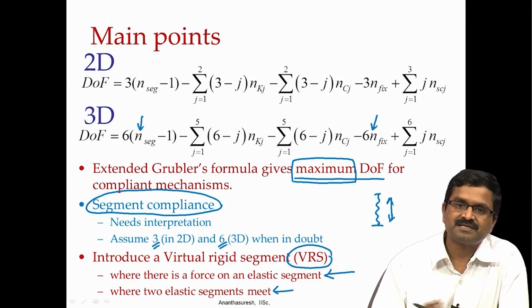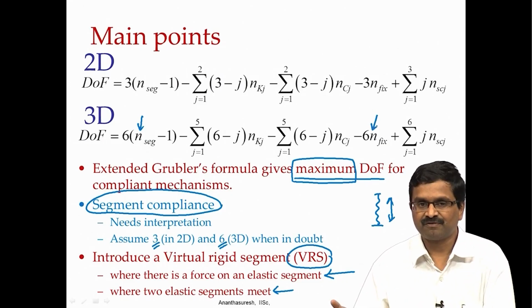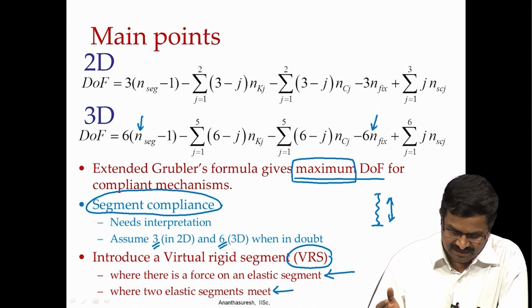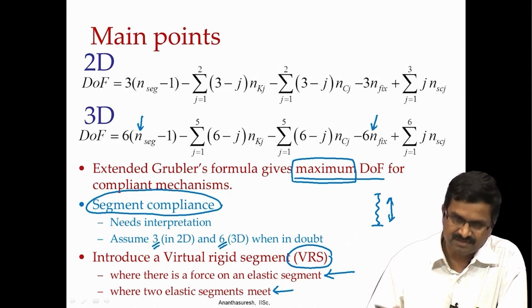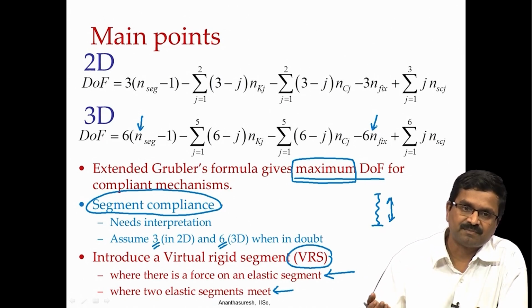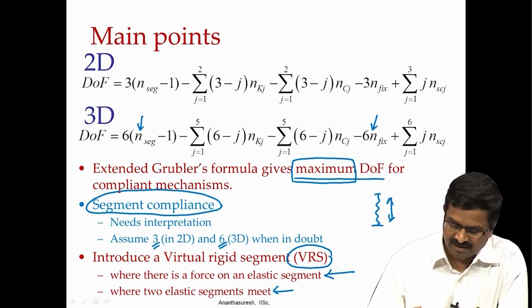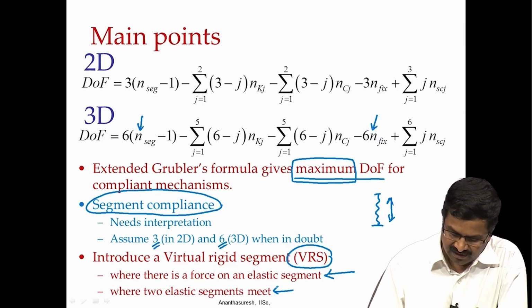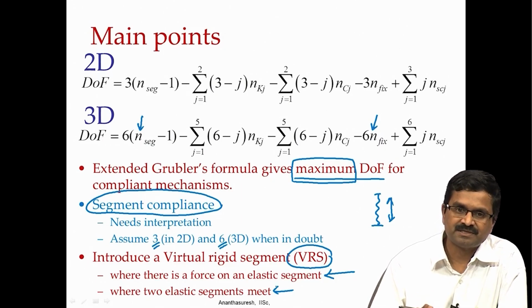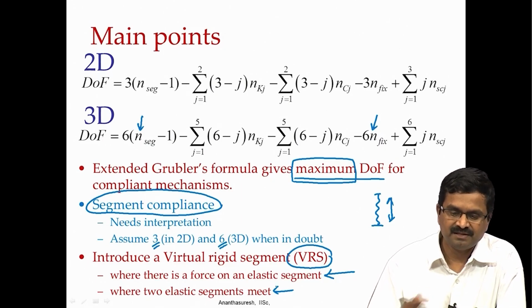So, they both cancel, it does not hurt you. It will become clearer for you. So, when you are first practicing, you may try to take a VRS when an elastic segment connects to a rigid segment, but that is not really needed. But if it helps you, you can take it, but certainly we need to have a VRS when two elastic segments meet, as we have seen in the example.